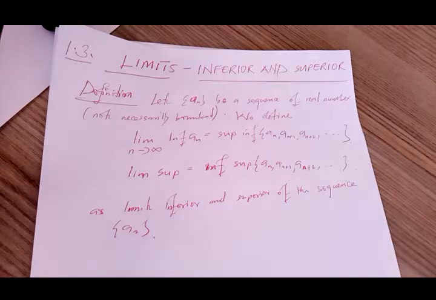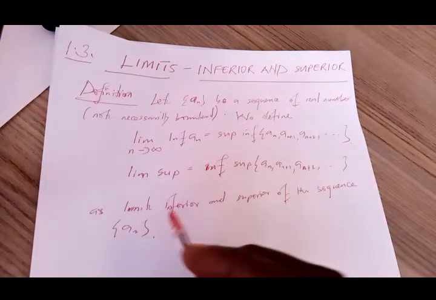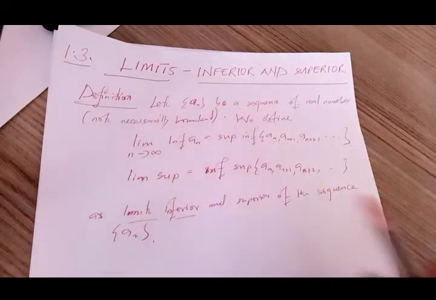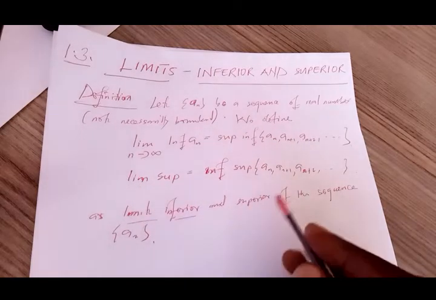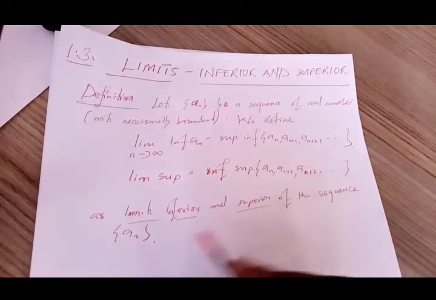So we define the limit inferior to be equal to the supremum of the infimum of that sequence, and the limit superior to be the infimum of the supremum of that sequence. As the first one, meaning that this one here is going to be called the limit inferior, and this one here is going to be the limit superior of the sequence.